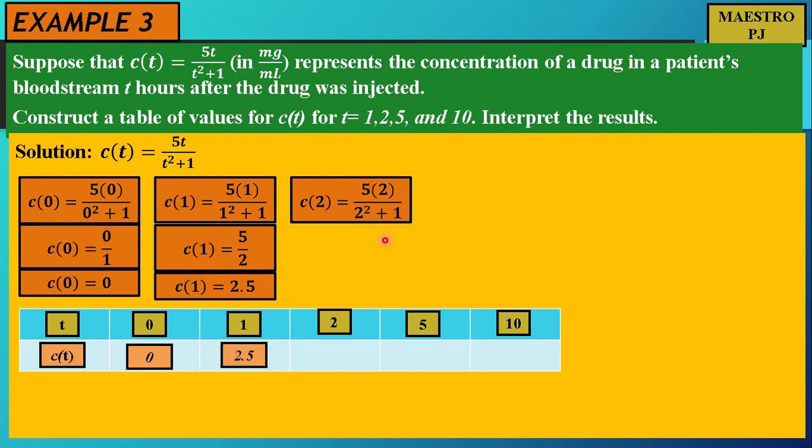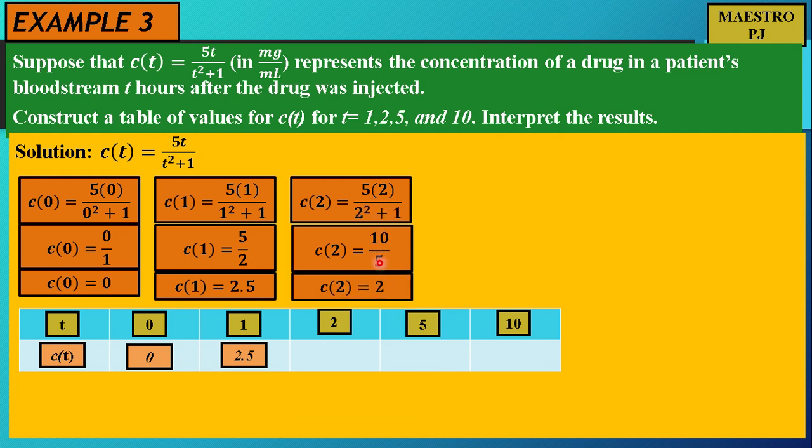So, how about after 2 hours? Gaano naman ka-concentrated yung drug makalipas ang 2 oras? So, C of 2, substitute lang natin ulit, is equal to 5 times 2 divided by 2 squared plus 1. Okay? So, simplifying, we have C of 2 is equal to 5 times 2, here is 10. 2 squared is 4. 4 plus 1 is 5.